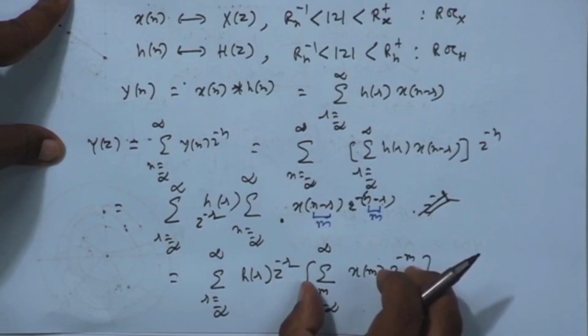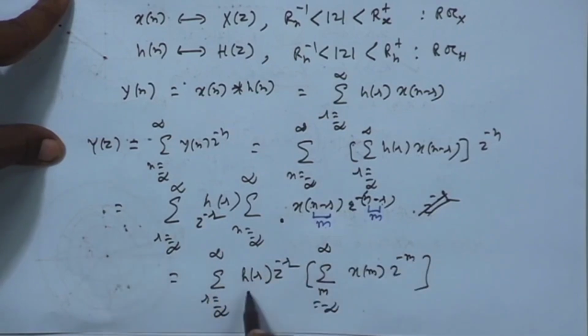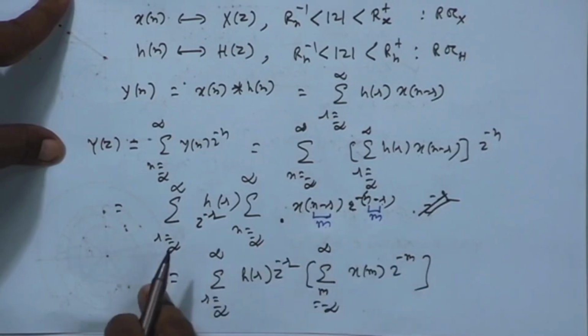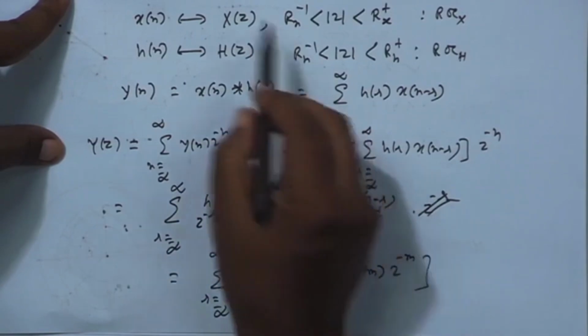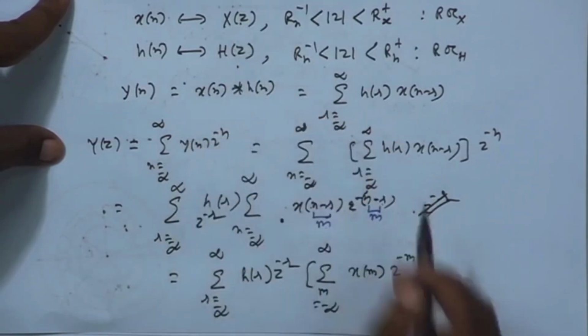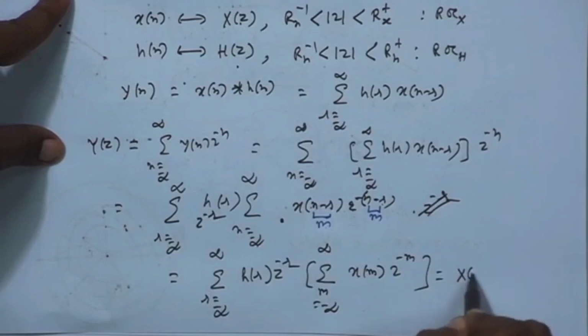So, this we can take common and it goes outside the summation, and that is capital X z will go out here, and then you have the inner summation, this h r z to the power minus r, which is again the z transform of h, assuming it exists. So, it will be capital H z. So, if the z transform here exists, that will be just the product X z H z.